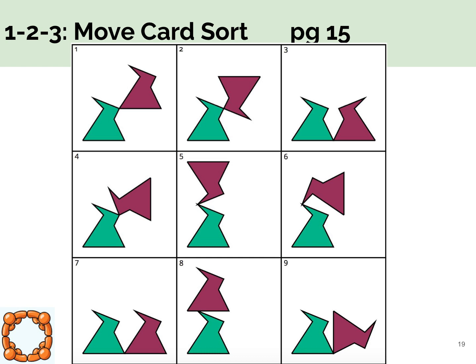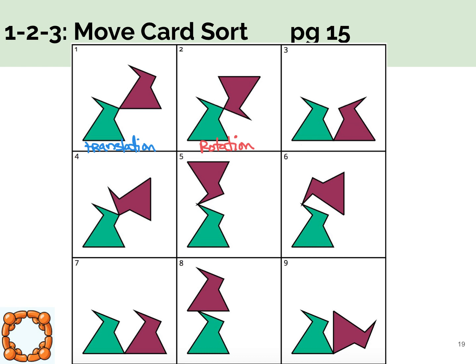All right, so if we look at number 1, it's going from here to there. That is a slide, or it is considered a translation. Okay, if we look at number 2, we're starting here, kind of going way up here. This is a rotation. Looking at number 3, kind of going from here to here, they're looking at each other.